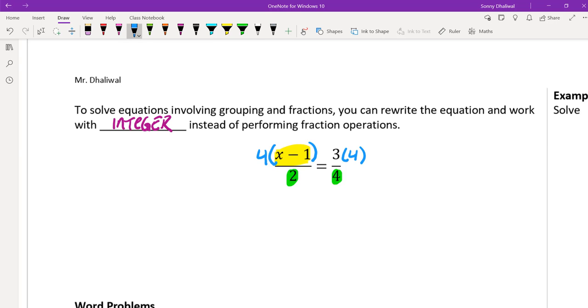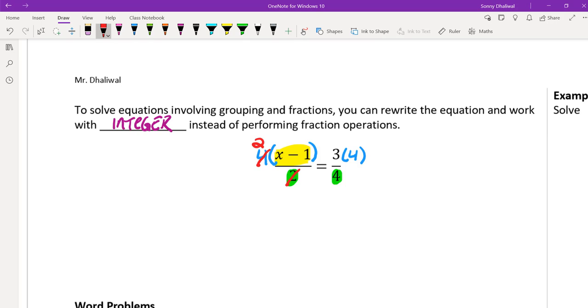Then what we did last day is we did this to get rid of those fractions. So we compare the bottom number, the denominator, to the number we multiplied and see how we can reduce that. 2 goes into 4 how many times? 2 times. So cross off the 2, cross out the 4, and 4 goes into it twice.